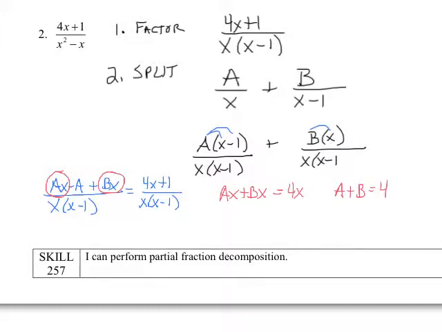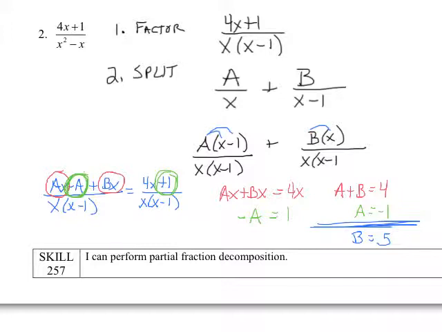And then we can also say that negative A is equal to 1, which tells us that A is negative 1. And if we know A is negative 1, we can conclude that B is 5, because negative 1 plus 5 is 4.